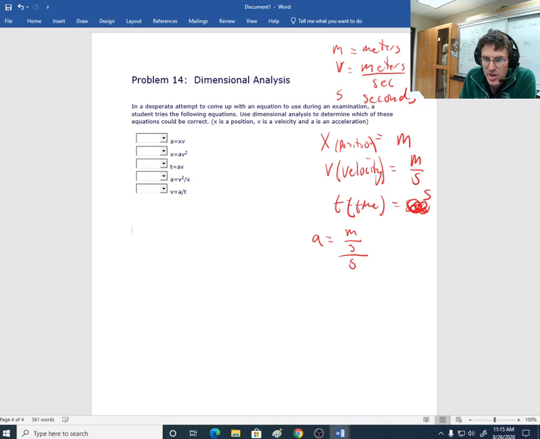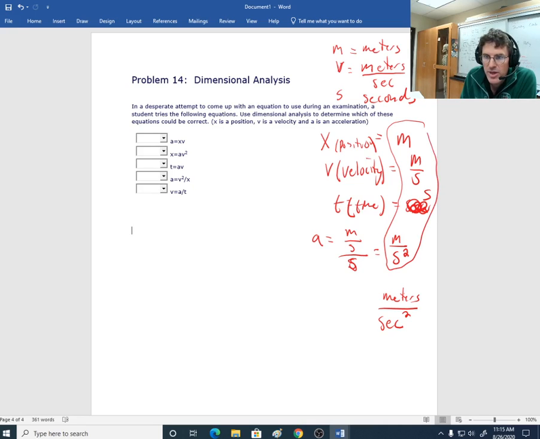So it's the change of your velocity over time. We can easily rewrite this as meters per second squared. So acceleration is meters per second squared.